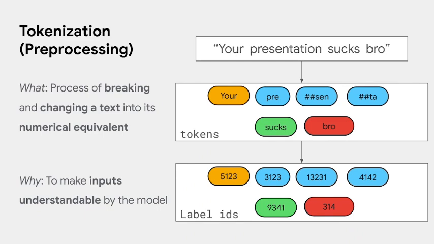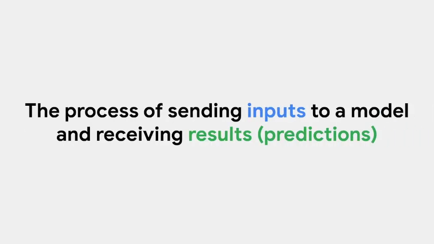You have a text that is broken down, and from the tokens, which is the broken form, you change it to numbers, which are called label IDs. When you have your label IDs and your preprocessed text, that's when you go for inference. Inference is just the process of sending inputs to the model and receiving its results and predictions.